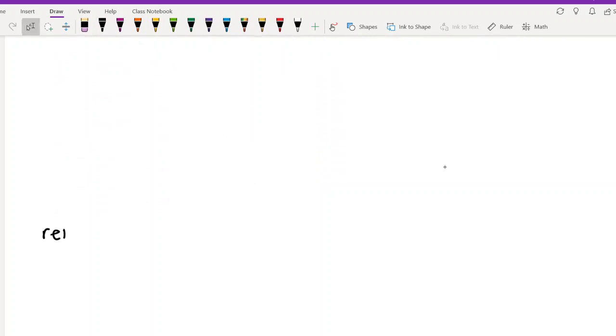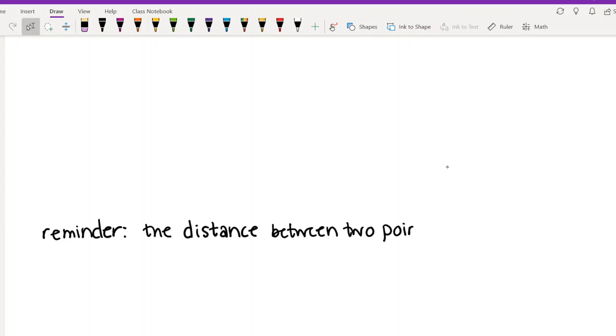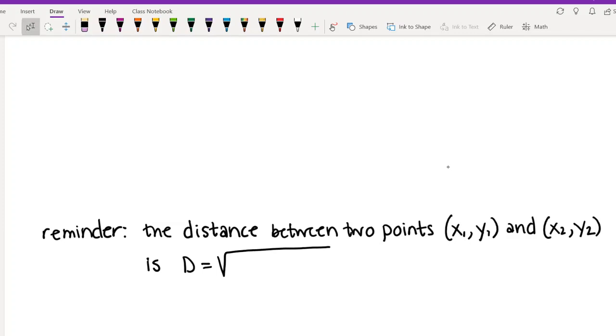So, reminder, if you are trying to find the distance between 2 points, and let's say those points have coordinates x1, y1, and x2, y2, the distance between those 2 points is going to be the square root of, and you subtract the two x coordinates, so x2 minus x1. It doesn't matter what order you subtract them, you're just subtracting them in either order and squaring it, and then subtracting the two y coordinates.